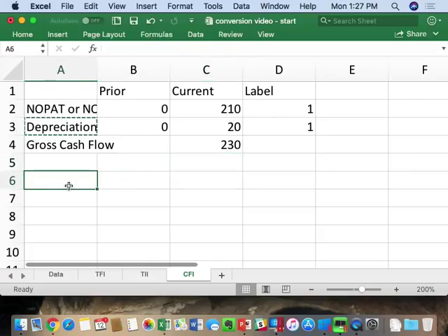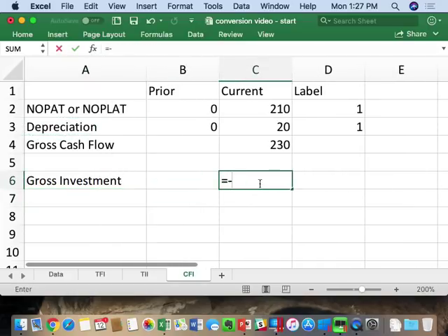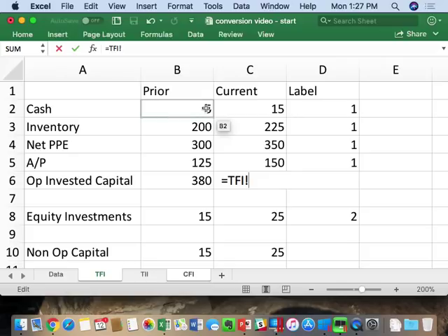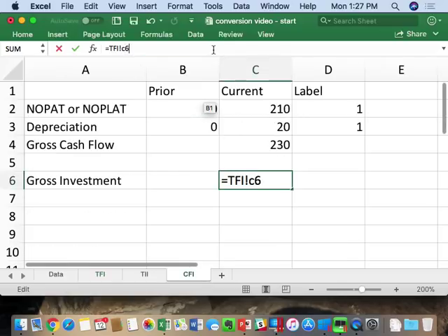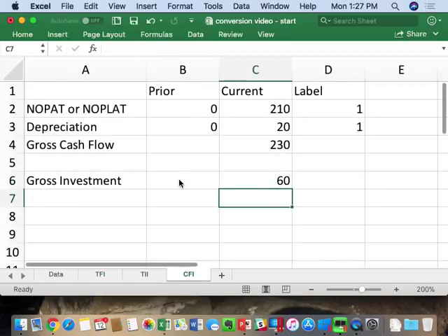Then the gross investment is the reinvestment back into the balance sheet. So how do we do that? Well, the reinvestment in the balance sheet is off the TFI, the difference in the current operating invested capital, so that's C6, minus TFI B6, so current minus previous year.